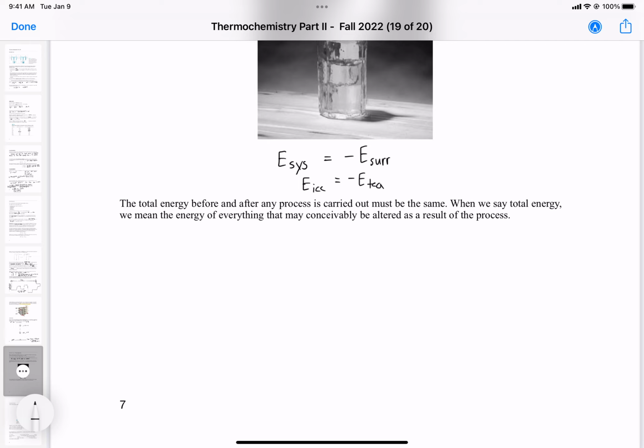So the energy of everything in the system, the total energy, must be the same before and after a process. Okay, so we could say the total energy before a process must be equal to the total energy after a process. Okay?